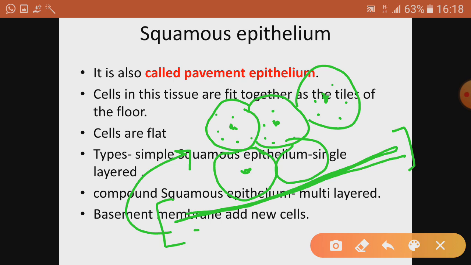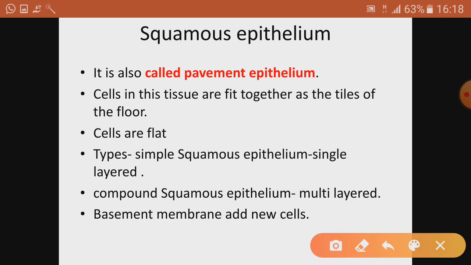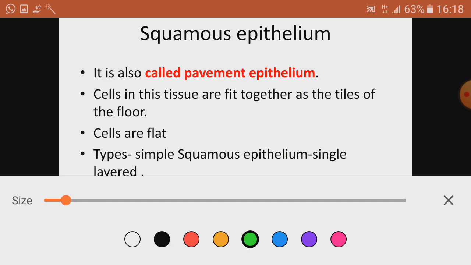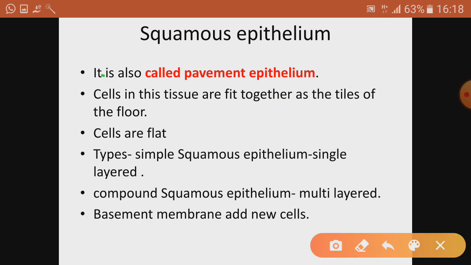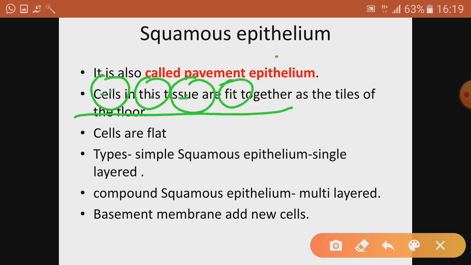So if this one is single layered, it is called single or simple squamous epithelial tissue. Simple squamous epithelium tissue is like this. It has a single layer of cells with nucleus, and this one is the basement membrane.